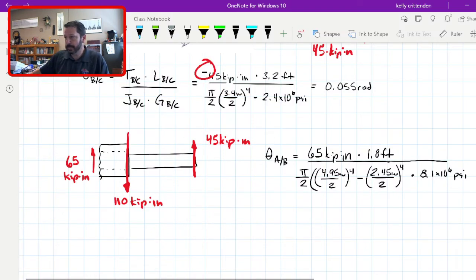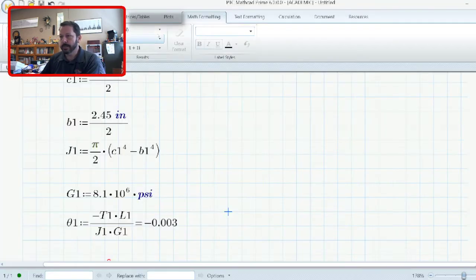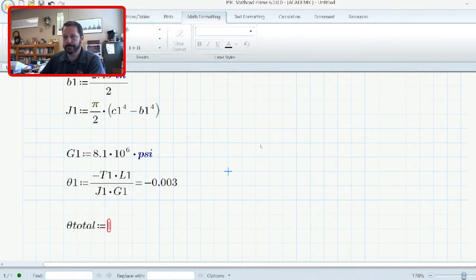The problem statement says that the positive direction is the way that this 110 number is going, which is going down in this side view. And so the 65 internal torque is actually opposing that, so it's the one that should have a negative sign, even though over on this page I drew them the opposite of that.